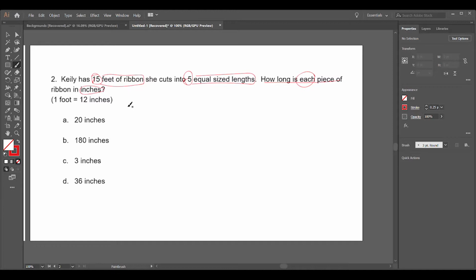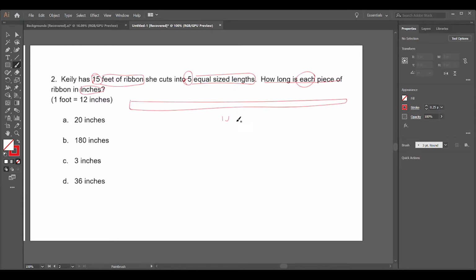So let's visualize that by making a picture of Kaylee's ribbon. Not going to be too pretty. You don't really worry about making that perfect. So here we have 15 feet.